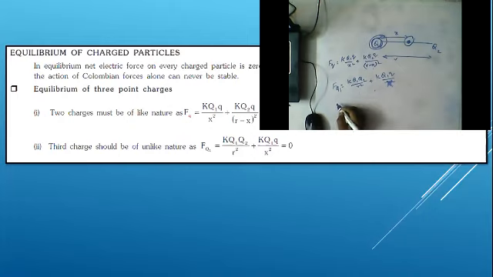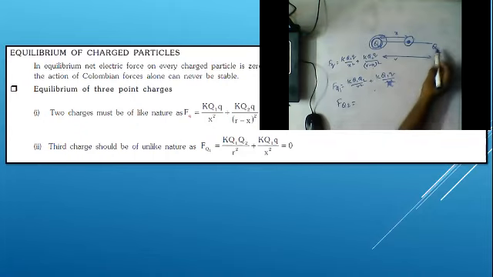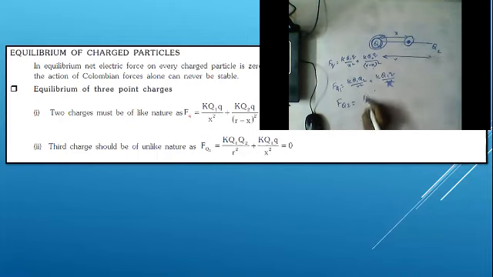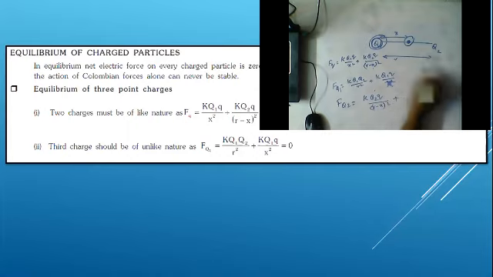If I want the force with respect to q2, Fq2 is equal to, what is the force between these two? We can write it as k q2 q by (r minus x) whole square plus k q1 q2 by r square. That's it.